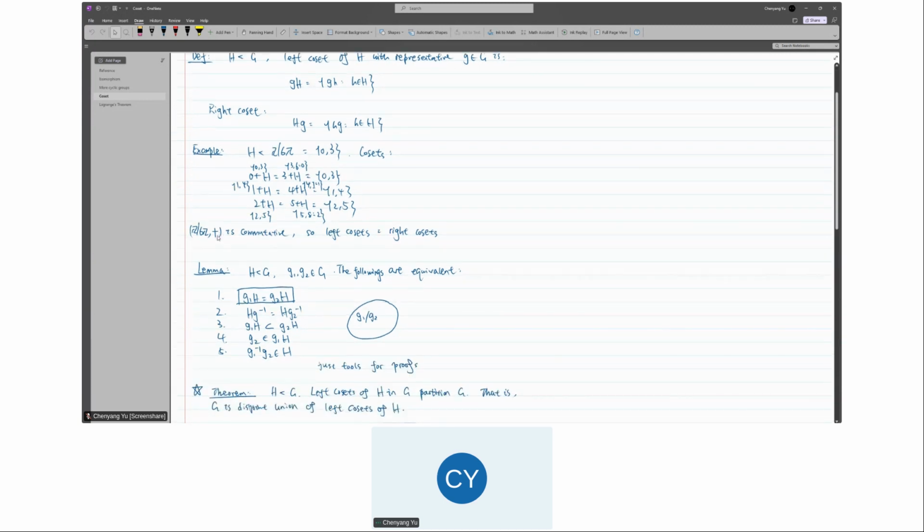Also, since Z/6Z under addition is commutative, left cosets are just right cosets, because 3 plus H equals H plus 3, so everything is abelian.